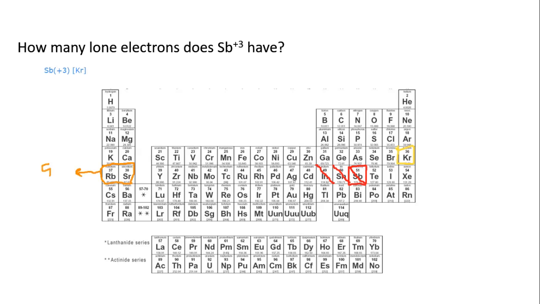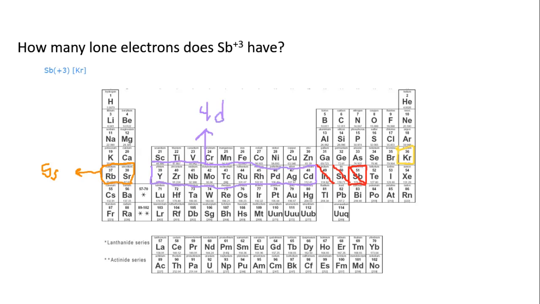So that's 5s. And then we have a completely filled d orbital. Since we're on the 5th row, 1 minus the row tells us the d orbital, which is 4d. Again, we don't count the 5p because we removed those electrons. We don't count those that we removed. This is 4d.